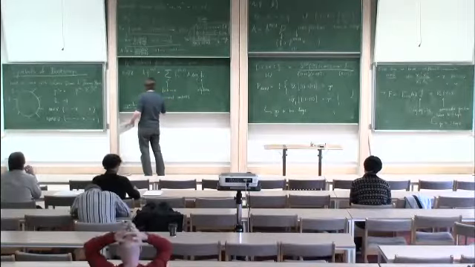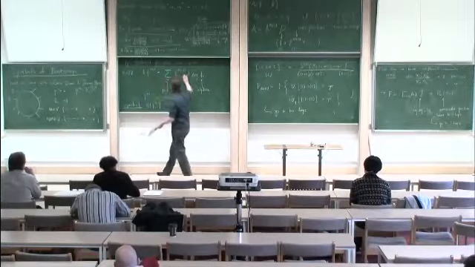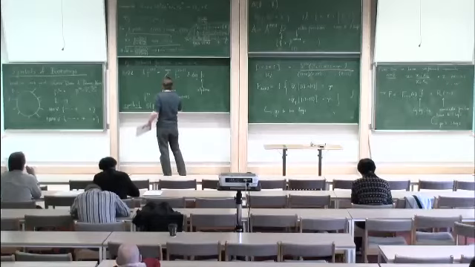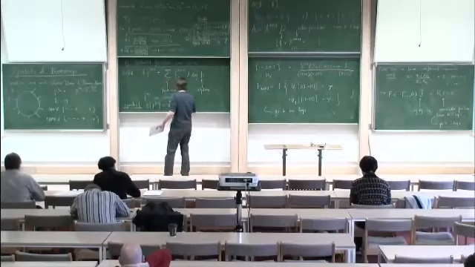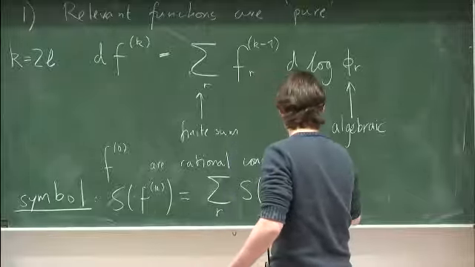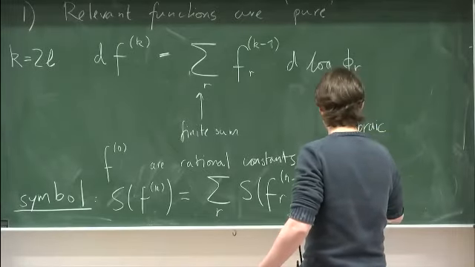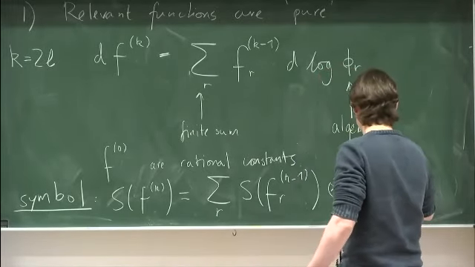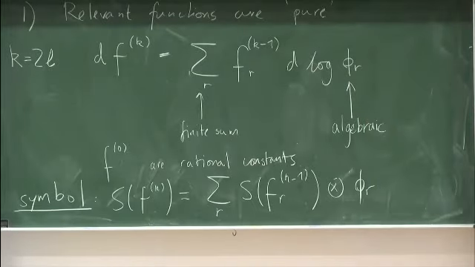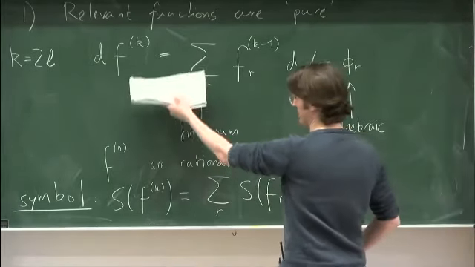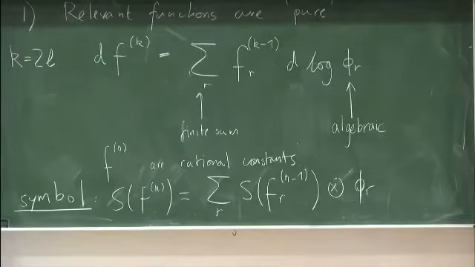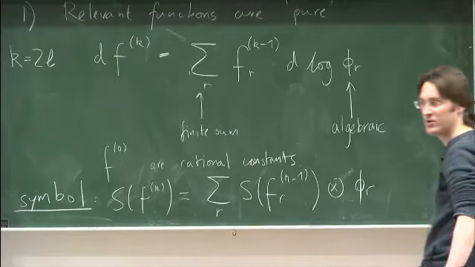The symbol of a function of degree k is defined recursively following this formula. I write the same sum, the symbol of these f r k minus 1s, so the symbols of the functions of 1 degree lower, tensor the argument of this logarithm, phi r. So this captures some analytic information about the original function, but it loses some information as well. In particular, since this is integrating up, you lose constants at each stage of this differentiation process.